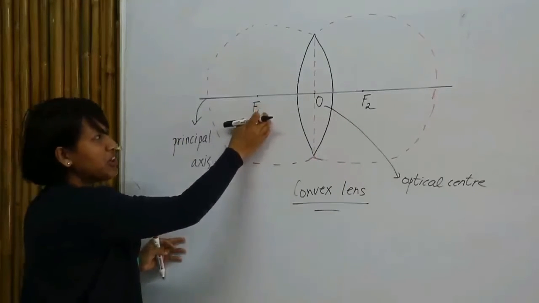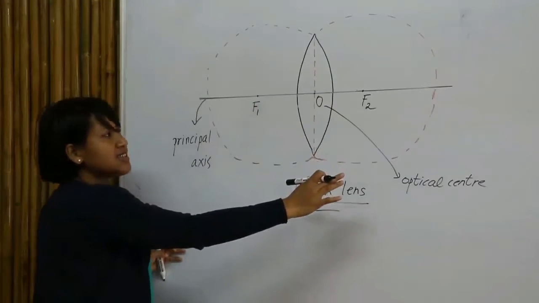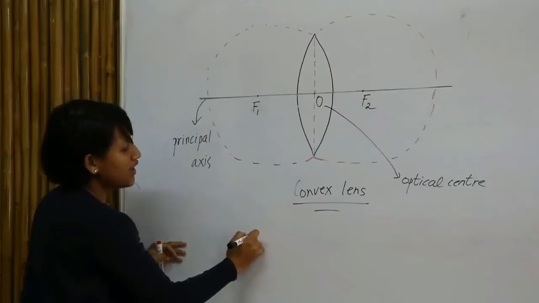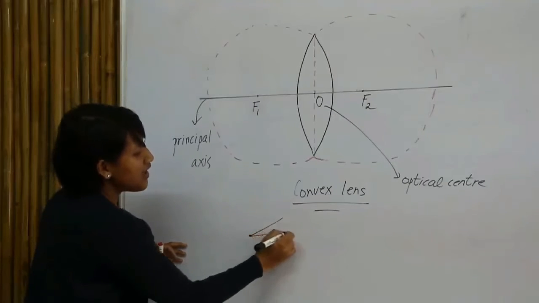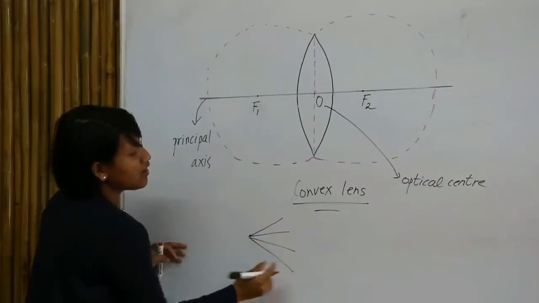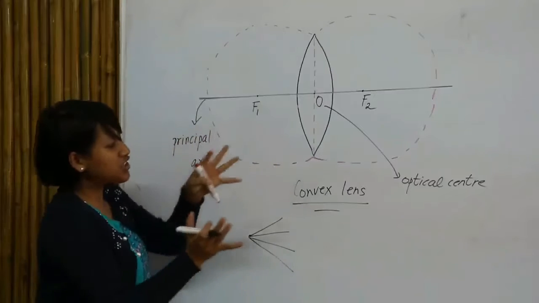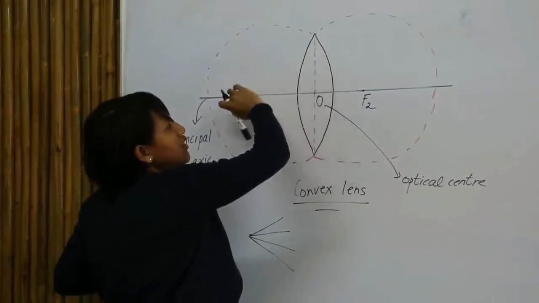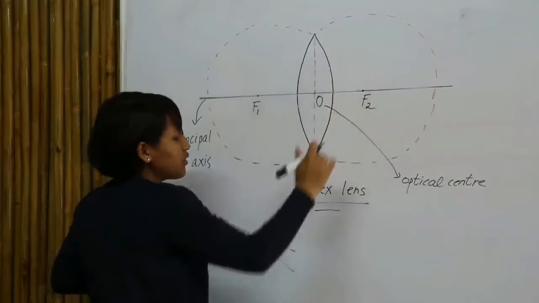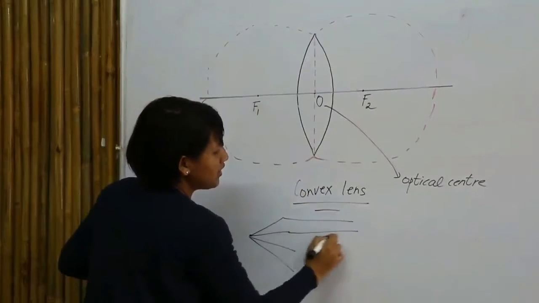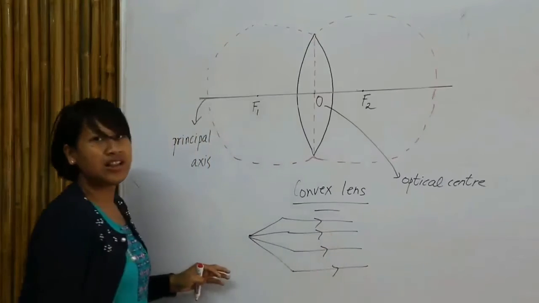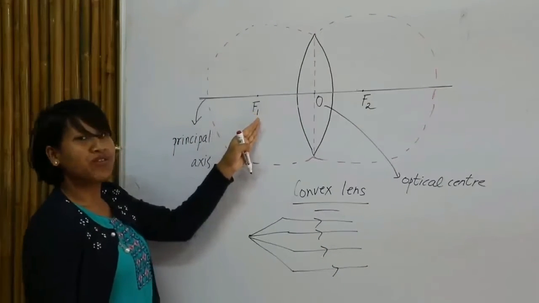It is a point on the principal axis such that when light rays originating from it pass through the lens, they will become parallel. This is the first principal focus.